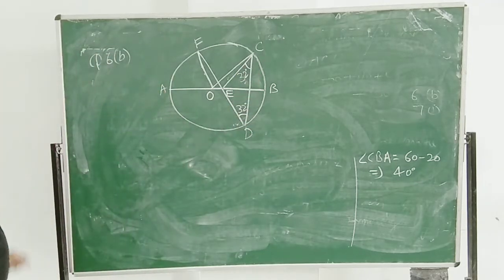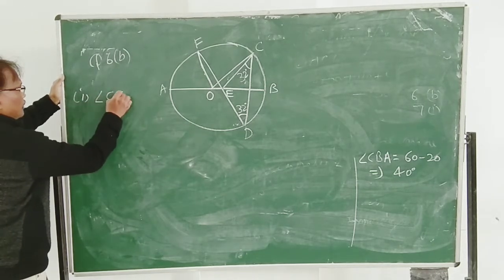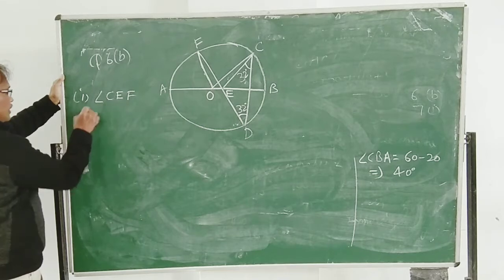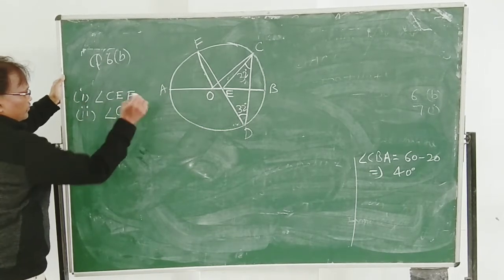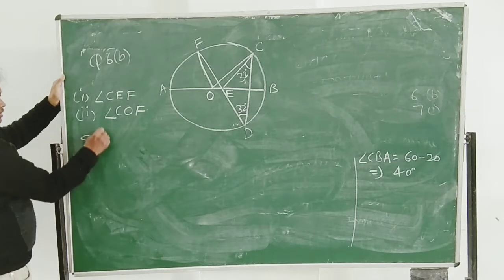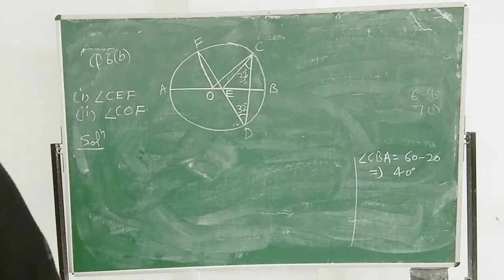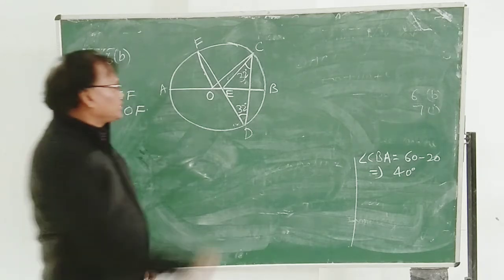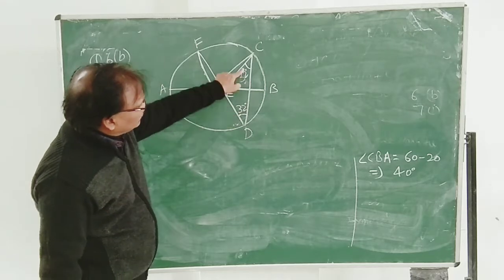You have to find the angle CEF and the second angle COF. So how to find? Again use the property of triangle. Exterior angle is equal to the sum of the opposite interior angles.